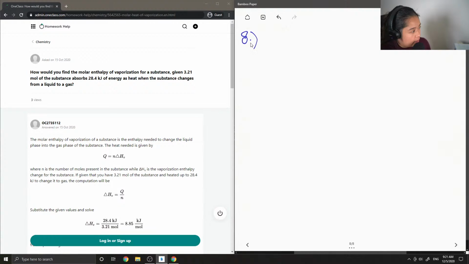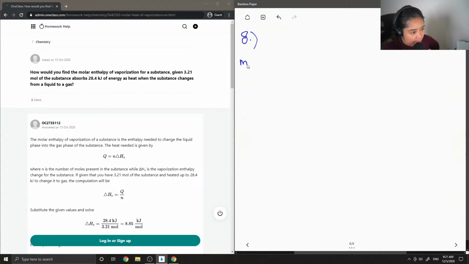How would you find the molar enthalpy of vaporization for a substance, given that 3.21 moles of the substance absorbs 28.4 kilojoules of energy as heat when the substance changes from a liquid to a gas?